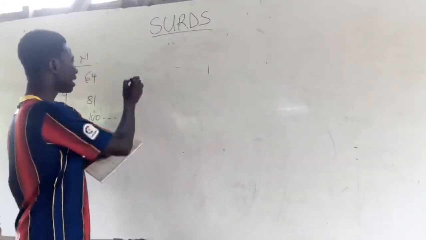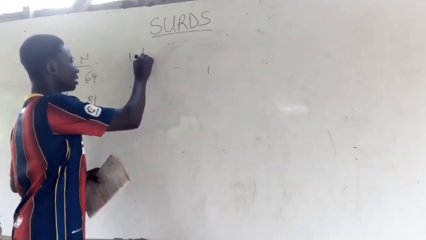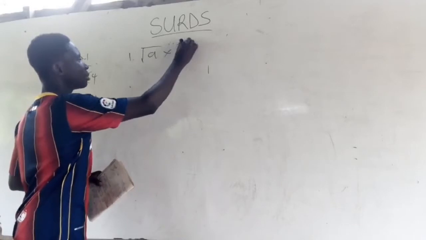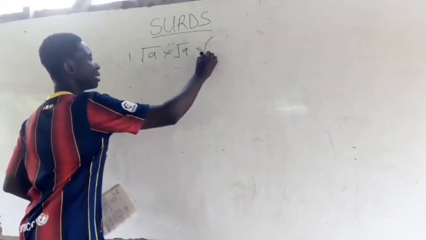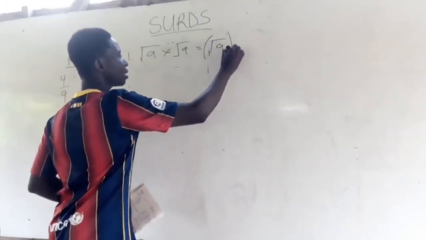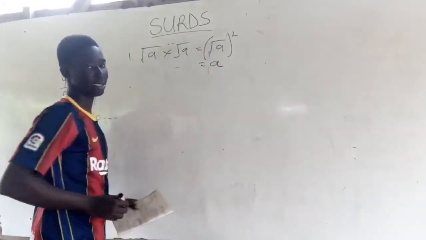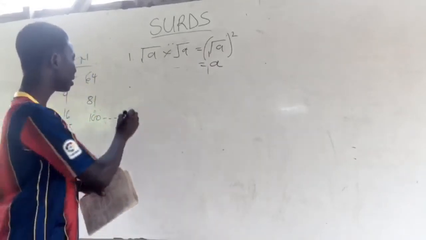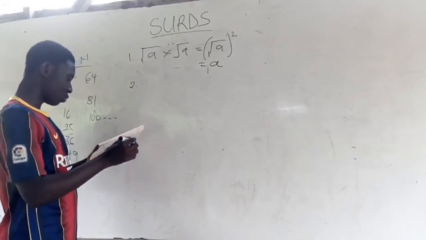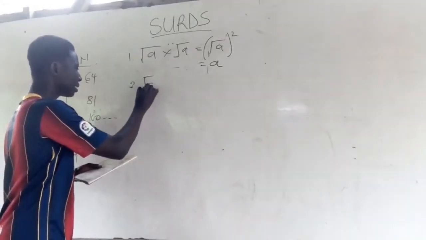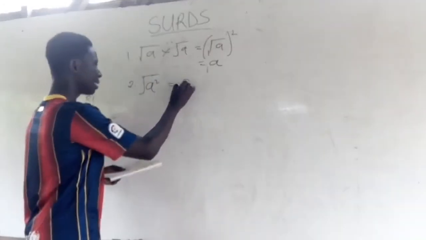The first property is that when we're having root a times root a, we are going to get root a all squared, which is going to give us a. So this is one property. 2, root a squared is also going to give us a.